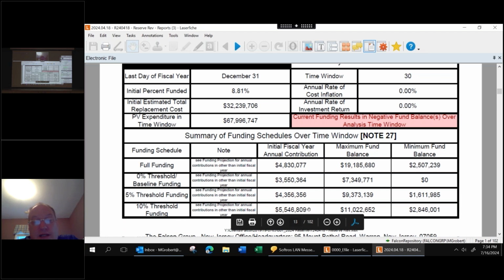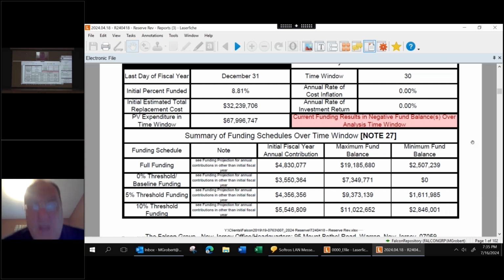So the reason that's higher in the initial year at 5.5 million is so that you can get that balance up to $3.2 million, which is 10%. Now you'll see here this is 2.8. There are rounding errors within the calculations, and because it's such a large amount, this is a little less than 10%. But I'll show you on the calculation pages and the projections that it does show the 3.2 million. So I'm going to go there now and go over that.